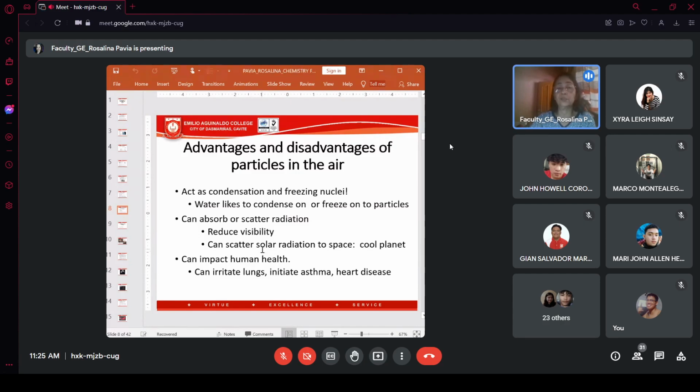They can scatter solar radiation to space, causing the planet to become cold. But they can also impact human health. They can irritate the lungs, initiate asthma, heart disease, and other diseases that may be considered. Okay, these are the advantages and disadvantages of particles in the air.